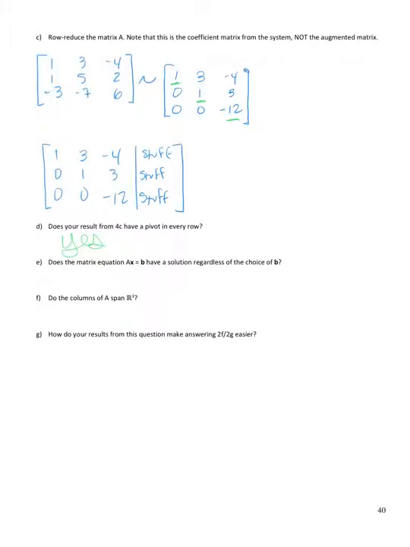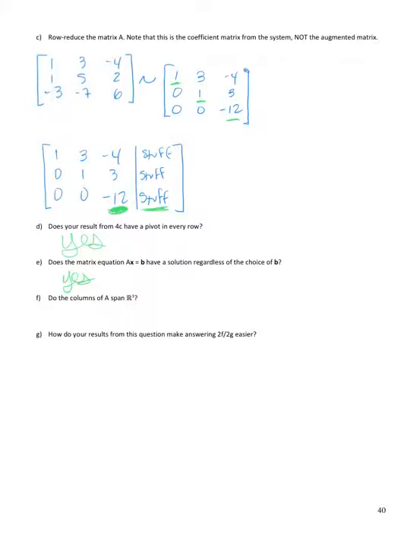This will always have a solution, because the only way I wouldn't have a solution is if this were a 0 and this were not a 0. But because of this -12 here, I'll never end up with something that's untrue. So yes, this will have a solution regardless of the choice of B.